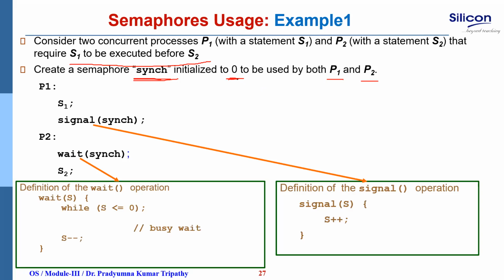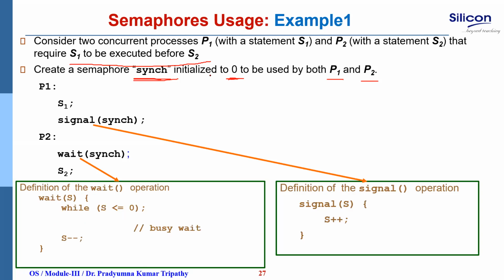So what will happen if I write it this way? Suppose P1 and P2 are there. We want S1 to be executed first, then S2. So S1 will execute. Meanwhile, if P2 wants to execute, it will go for this wait on sync. What does the wait function do? Wait function is while S less than or equal to 0.